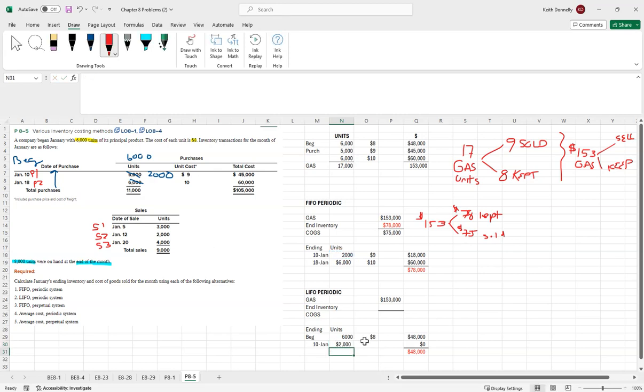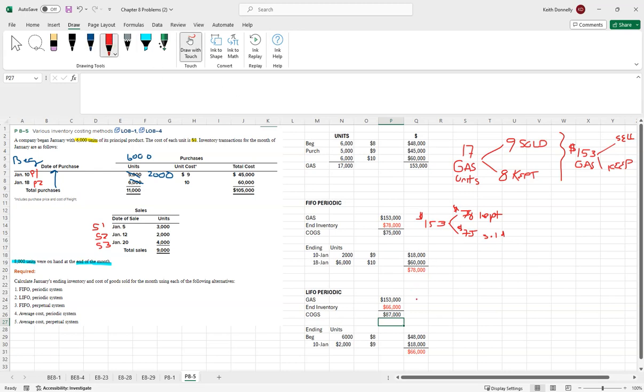Yep, 2,000 at $9, right? We're just mapping this from up there, right? So we'll then get $66,000, right? Carry that up. There's the 66 for our ending inventory, right? 153 minus 66, we're at 87,000, right?